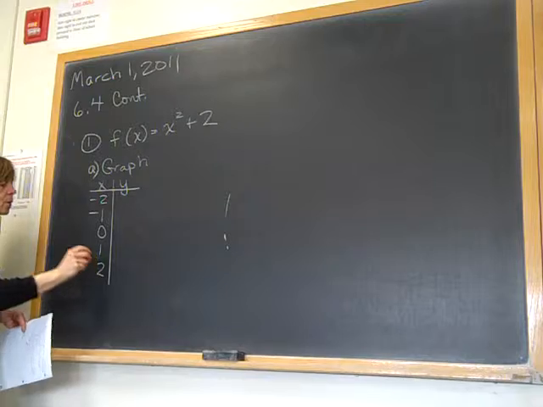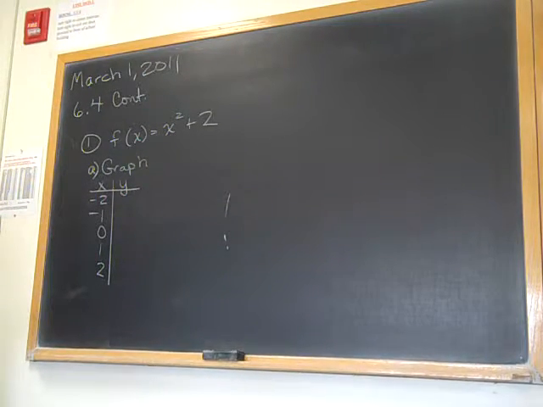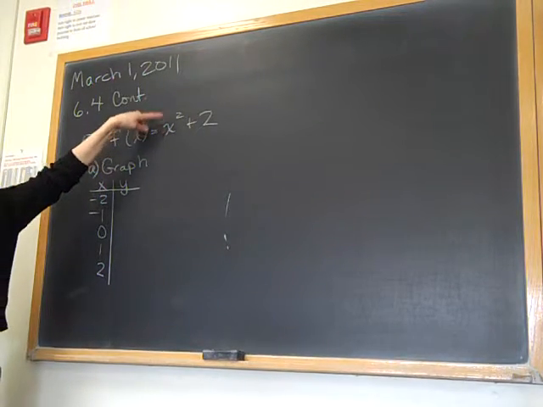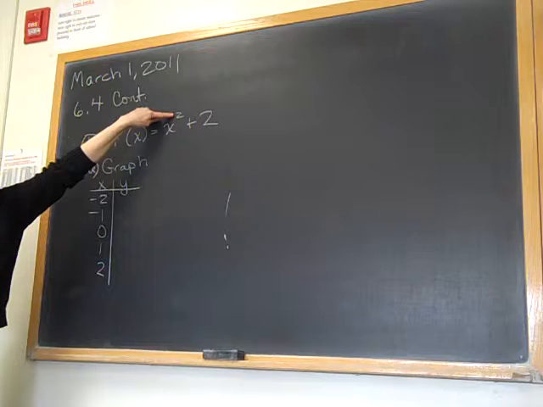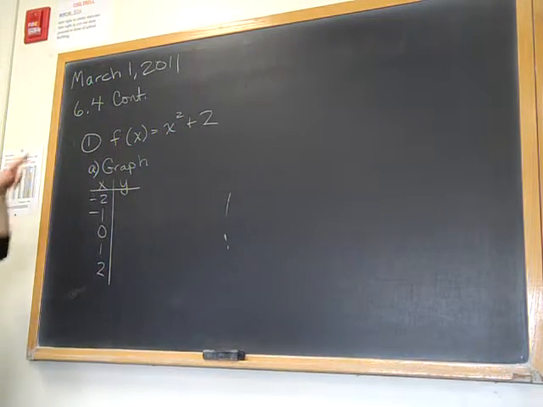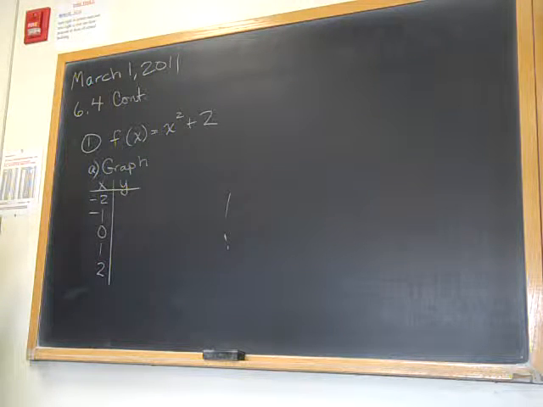I know yesterday we did more than 3 points to help us see what the inverse was going to do. Today we're doing more than 3 points because our function is raised to a power. So yesterday's graph was a straight line. Will this graph be a straight line? No, because it's x squared, it's going to be a parabola.